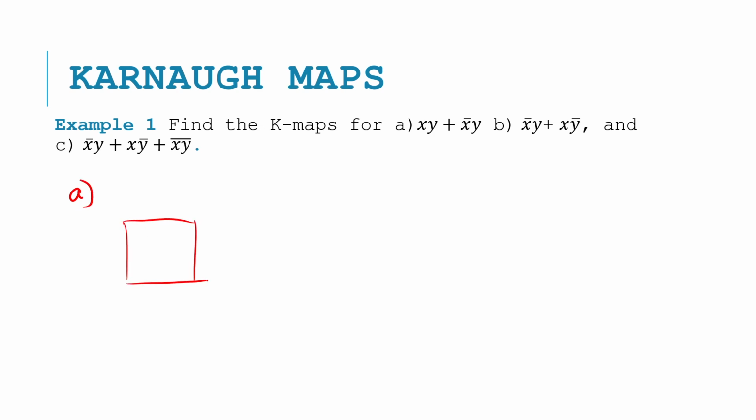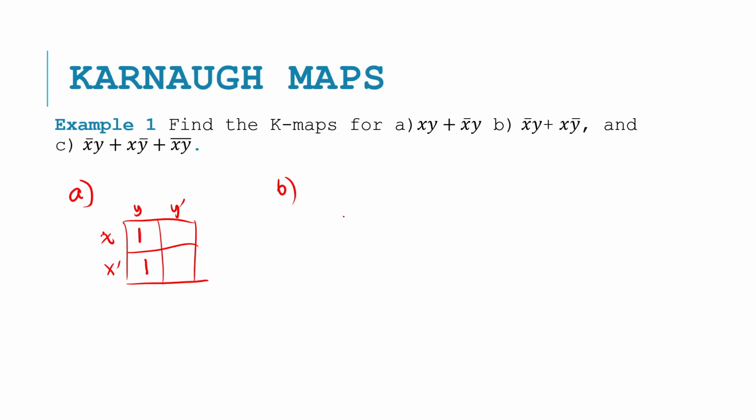The K-map for 2 variables is 2 rows and 2 columns, where the columns are y and y complement, and the rows are x and x complement. If the expansion is xy plus x complement y, we put a 1 on the intersection of xy and the intersection of x complement y. So that's the K-map for A.